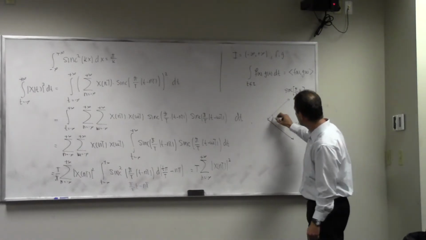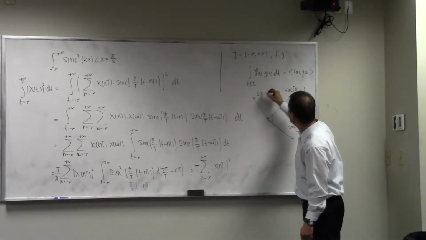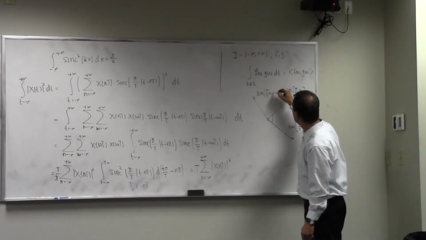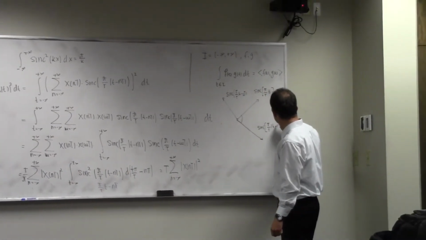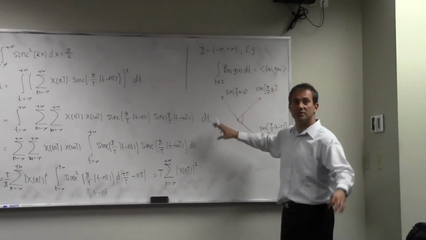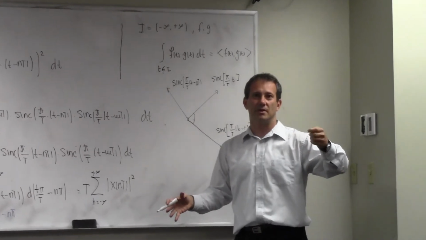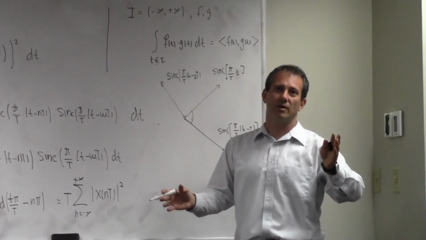And they're orthogonal. Then you have a third sample. This is sinc pi over T times t minus 2T. This is your second sample, third sample, and so on. So this is an infinite dimensional space where every sinc acts as an orthogonal vector.